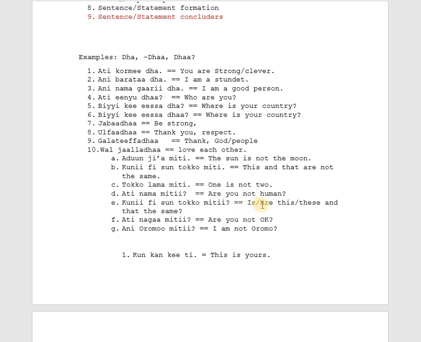So we can either say, is this the same as that, or is this and that the same, or are this and that the same? Could be plural or singular.